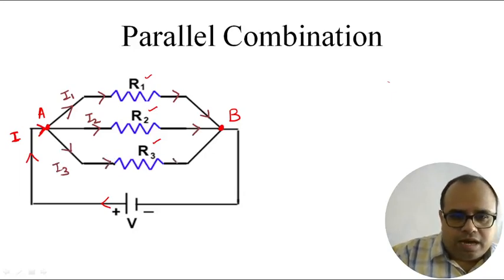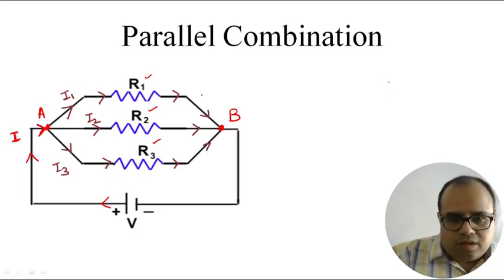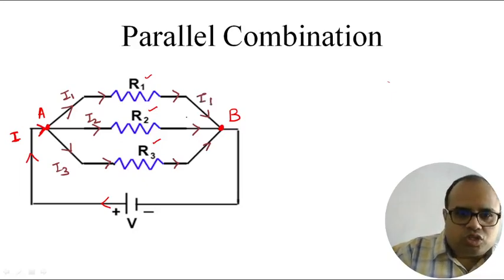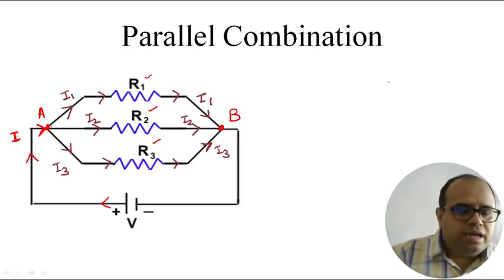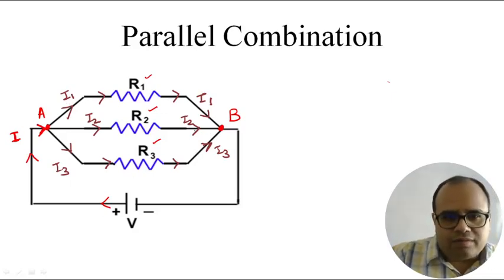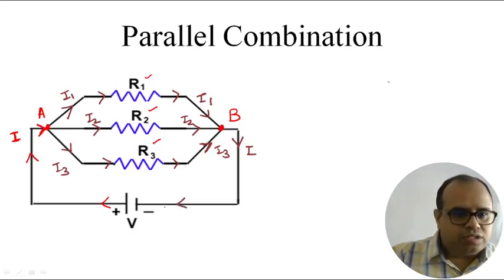Now, I1, I2 and I3 will reach this point B, and here again I1, I2 and I3 are added. You know that here current I was split into I1, I2 and I3, and here I1, I2, I3 combine to form current I. So this is the I current which is flowing here.